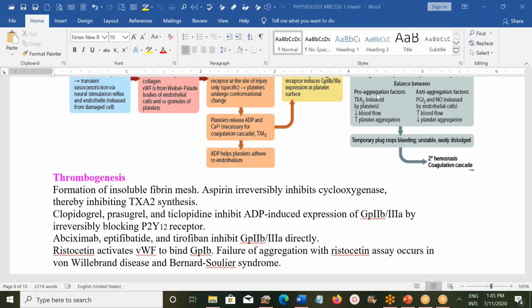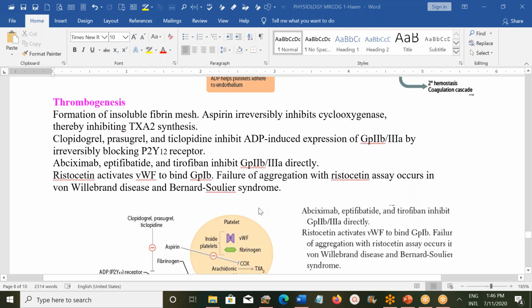If there is no thromboxane A2 activity, there will be no aggregation of the platelets. That's why aspirin is an antiplatelet agent. If you have to do surgery, stop aspirin at least 5 days before, so that your patient will not have plenty of oozing at the site of injury.